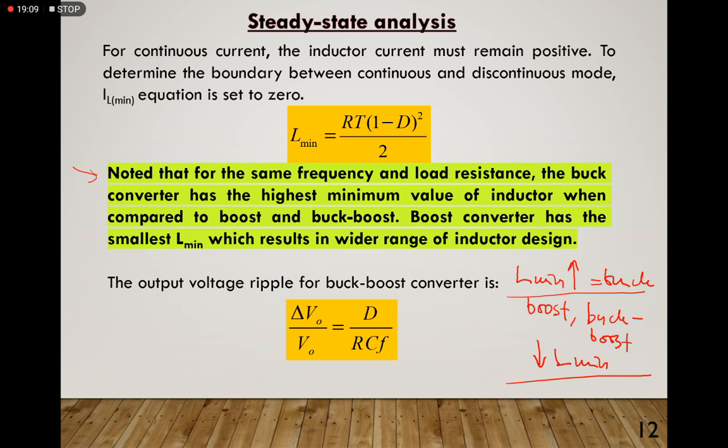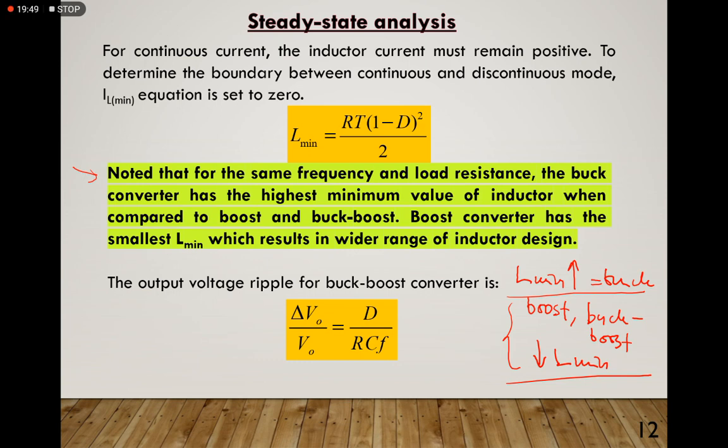With regards to the value of inductor, it is suggested that you use the lower value of L, because it will contribute to lower losses and it will not jeopardize the efficiency of the converter so much. So if you need to select among these three converters with the same parameters, you need to select either boost or buck boost converter, due to this reason.